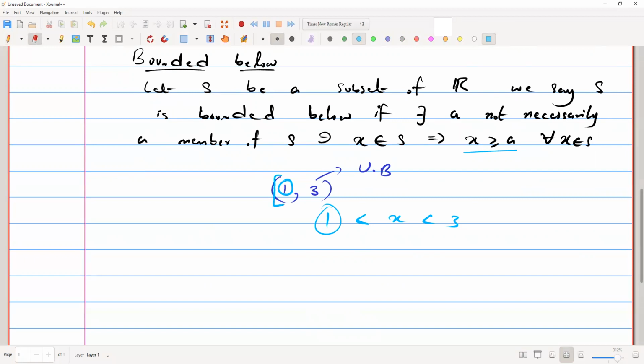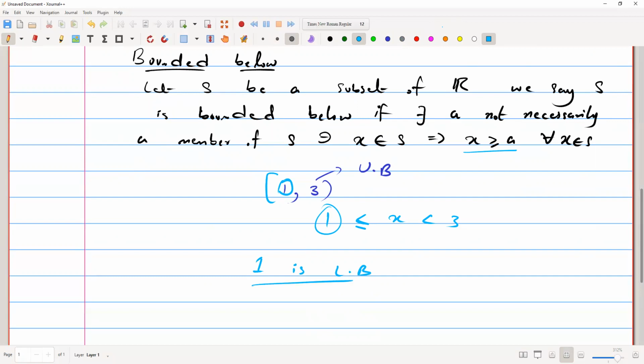Then let's talk about this closed set. For instance, if this set was closed and if 1 is included in the set, then again this 1 is either less than all the elements or it's the least element of the set. So this 1 is lower bound in this case.